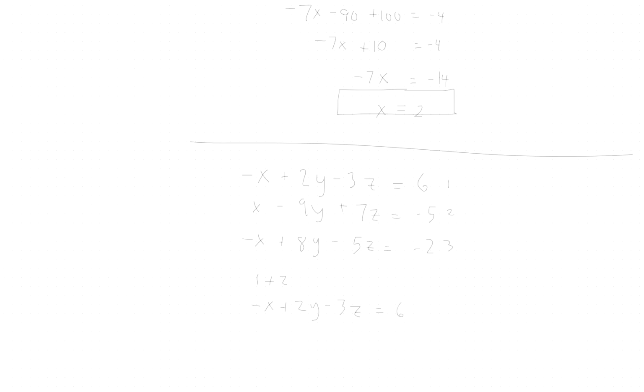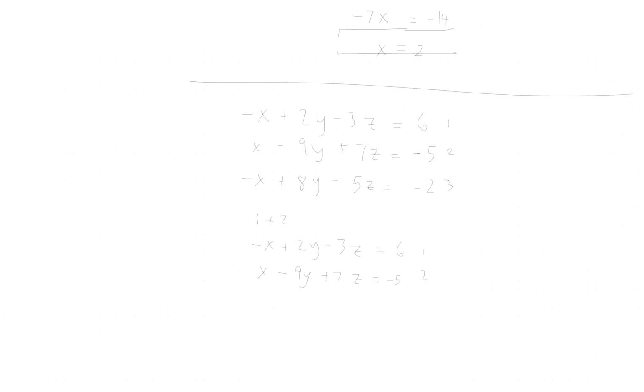So there's 1. Now there's 2. We're going to write underneath x minus 9y plus 7z equals -5. If we add these two together, the x's will cancel out. What's 2y plus -9y? -7y.